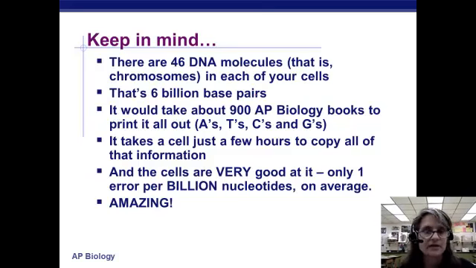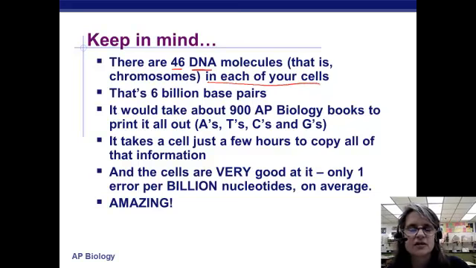In a human, there are 46 DNA molecules in each of your cells, except for blood cells, which are just sacs of hemoglobin with no nucleus, no DNA. But there are 46 DNA molecules in every other cell in your body, 46 double helices, 46 chromosomes.